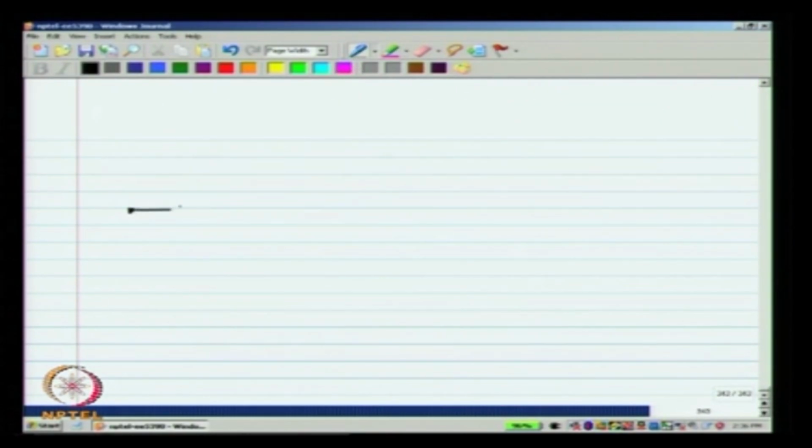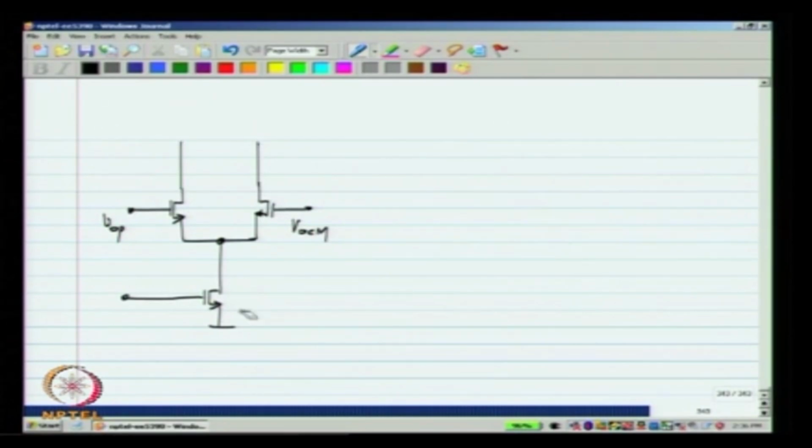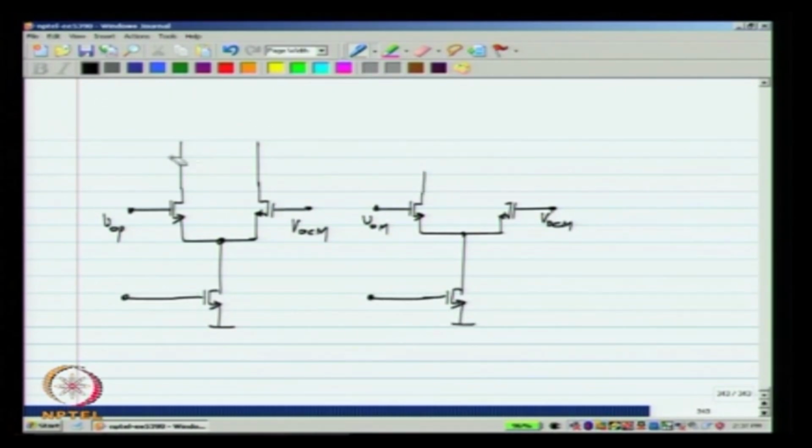So, what I will do is I will have two differential pairs, one with VOP and VOCM, the other with VOM and VOCM. And I add up the currents. Okay.